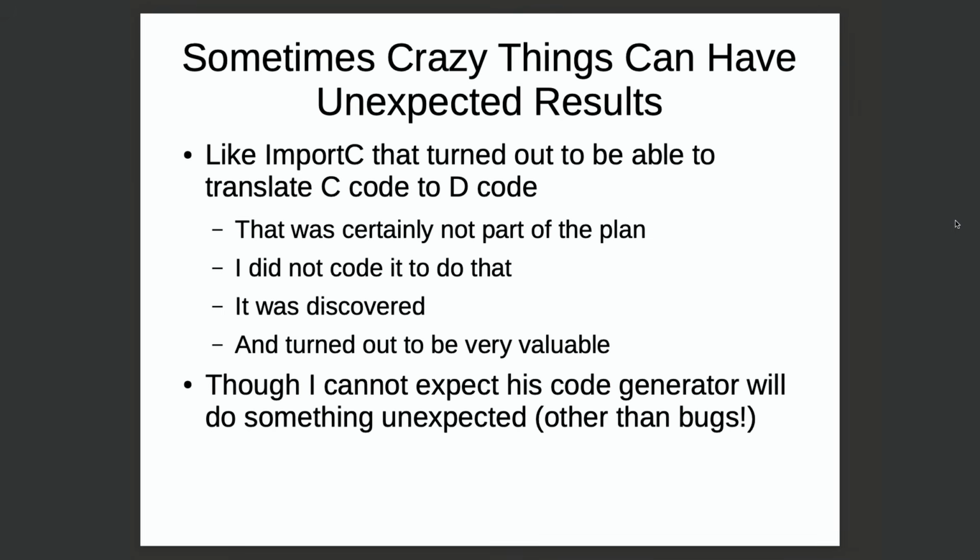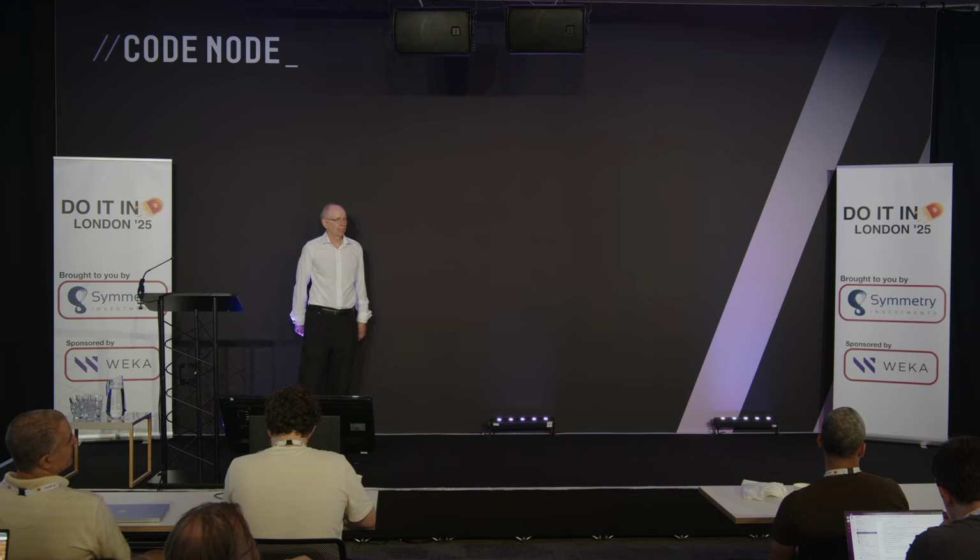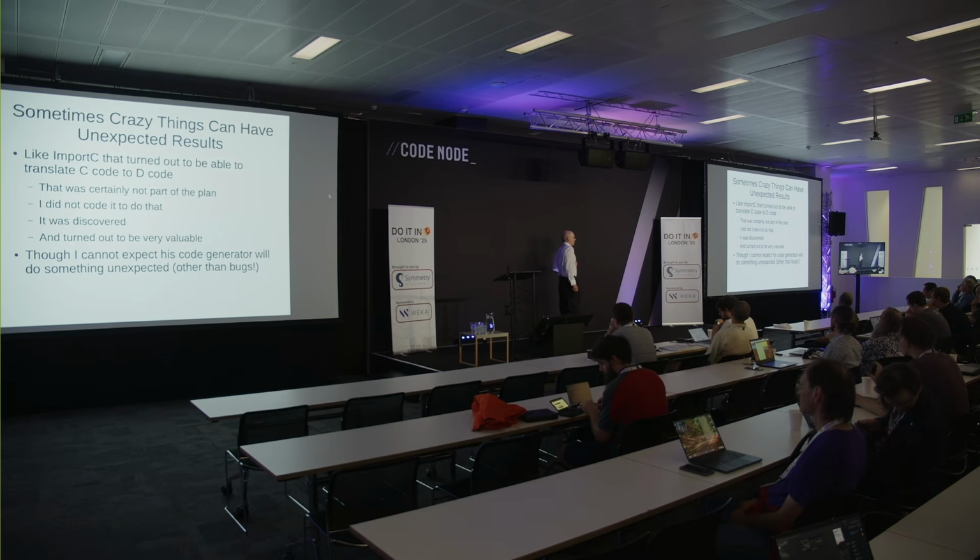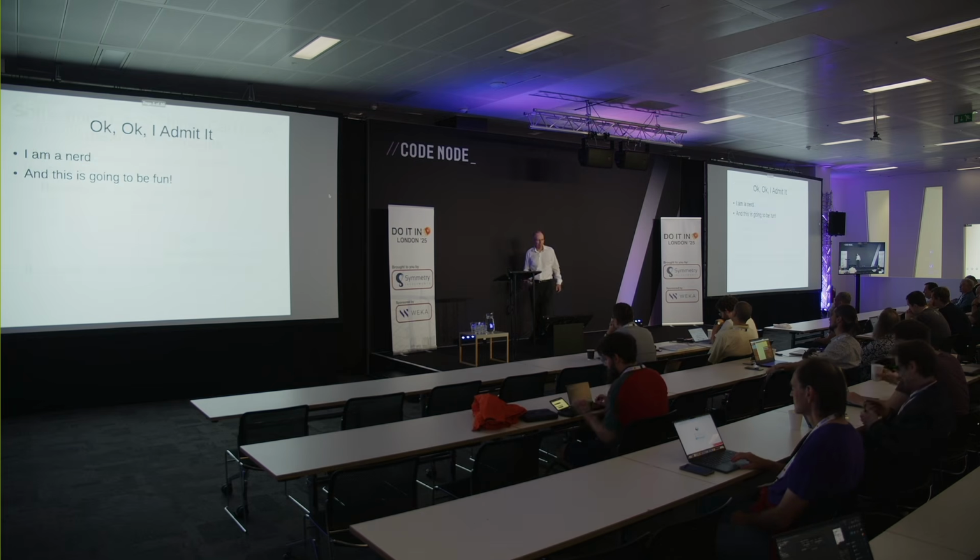It did not even occur to me. I think it was Stephen who discovered that you could use it to convert C code to D code. Who would have thought that that was something that would just fall out? So it turned out to be very valuable, and ImportC turned out to be a very useful thing. So, sometimes I do things that other people think are crazy and they work out okay anyway, but that's not a guarantee that this is going to work.